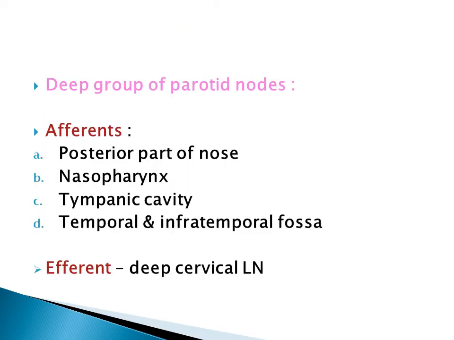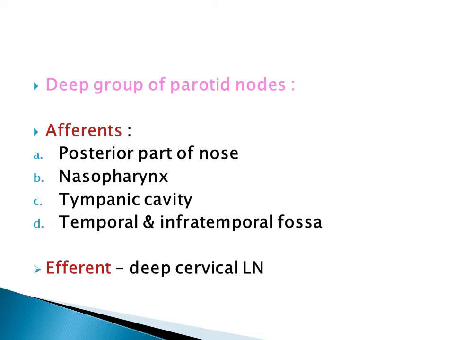Whereas the deep group of parotid nodes are located in a deeper stratum in the parotid gland, and the afferents, or the area drained by them, are the posterior part of the nose, nasopharynx, tympanic cavity, temporal and infratemporal fossa. So the deep group of parotid nodes drain areas at a slightly deeper level.